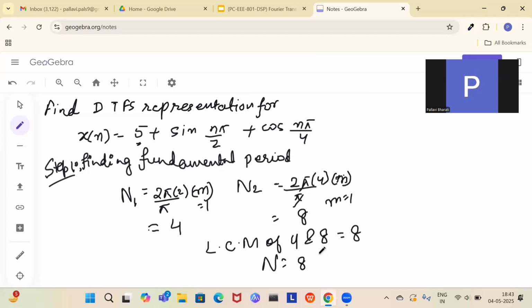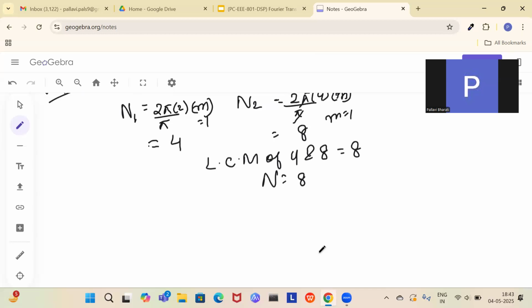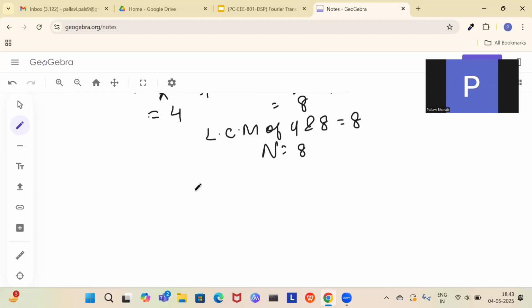Now we will rewrite the signal with the help of Euler's formula. Step 2: write the signal using Euler's formula.